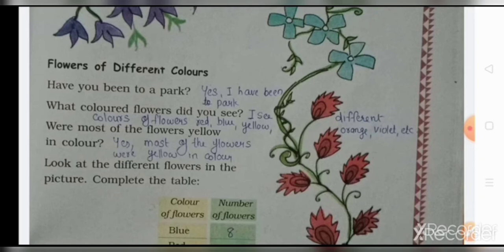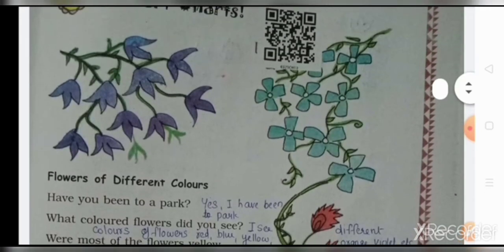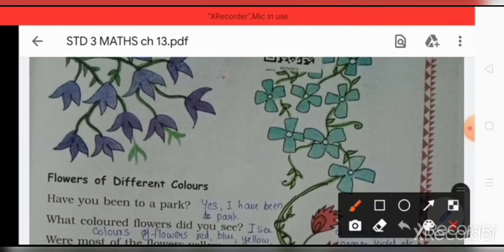Look at the different flowers in the picture. Complete the table. Color of flowers: blue, red, orange, purple. Look at the picture. In purple, how many flowers are there? 1, 2, 3, 4, 5, 6, 7, 8, 9.